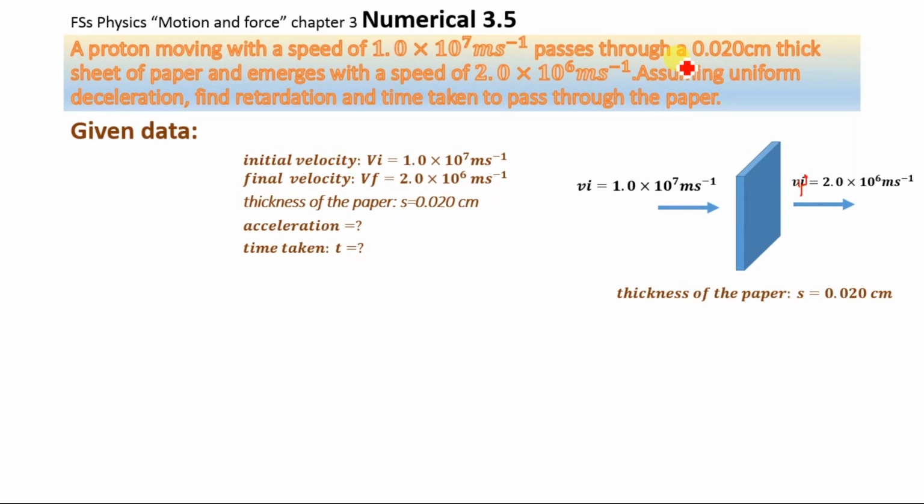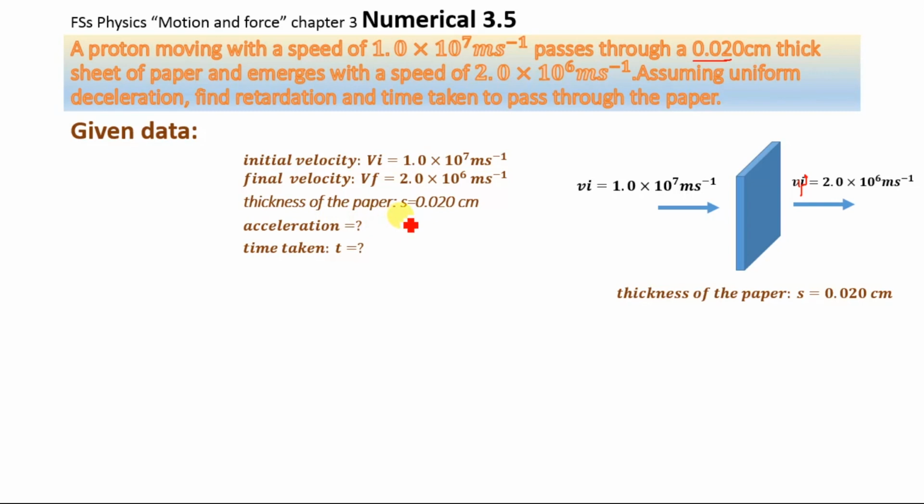When the proton passes through a 0.020 centimeter thick sheet of paper, a decrease occurs in its velocity, and the velocity changes from 1.0 times 10 power 7 to 2.0 times 10 power 6 meter per second. So the final velocity of the proton is 2.0 times 10 power 6 meter per second.